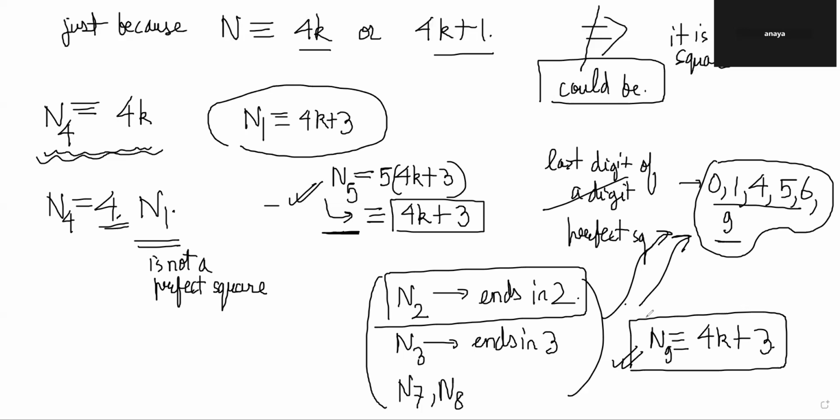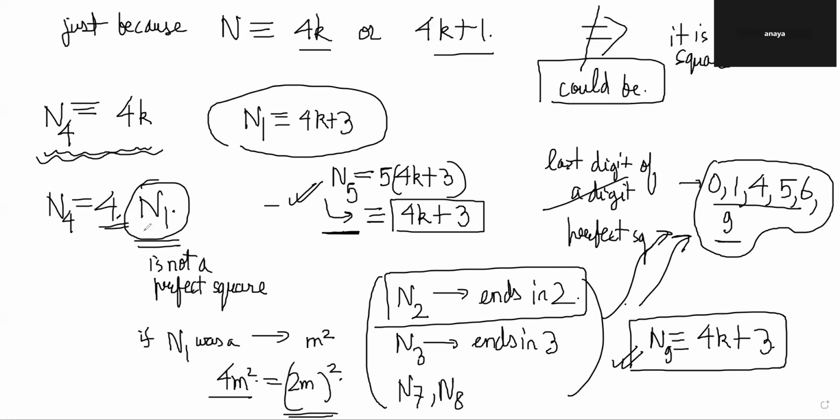It seems like it shouldn't be a perfect square, but we don't have a good proof of it yet. The reason I'm saying it shouldn't be a perfect square is because it's 4 times something that is not a perfect square. If N1 was a perfect square, and suppose it was m squared, then we could have said that 4m square is also a perfect square, 2m whole square.